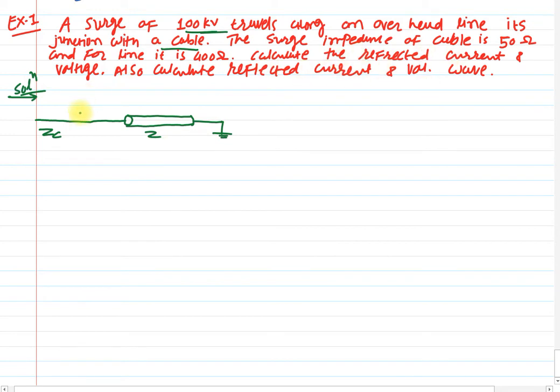So here the transmission line with the impedance of ZC and the cable having the impedance of Z. Here the surge impedance for the transmission line is given as 400 ohm, and if it is not given, then you can consider the surge impedance of a transmission line between 400 to 600 ohm. Same way, the surge impedance of the cable is given as 50 ohm.